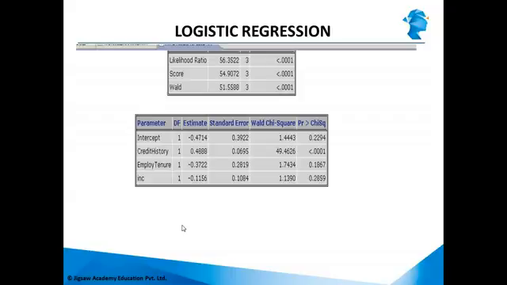We've also looked at how to actually capture the impacts. If I wanted the impact in terms of log odds for the credit history variable, a unit change in credit history going from one level to the other will increase the log odds of the probability of non-default by 0.4888. We also saw that if I wanted the impact in odds ratio, then a unit increase in credit history level will increase the likelihood of non-default by 63%.